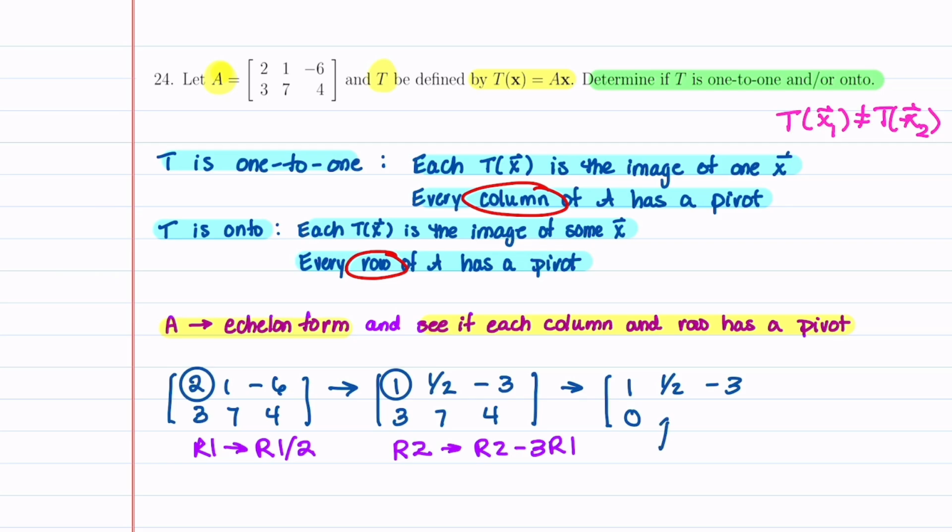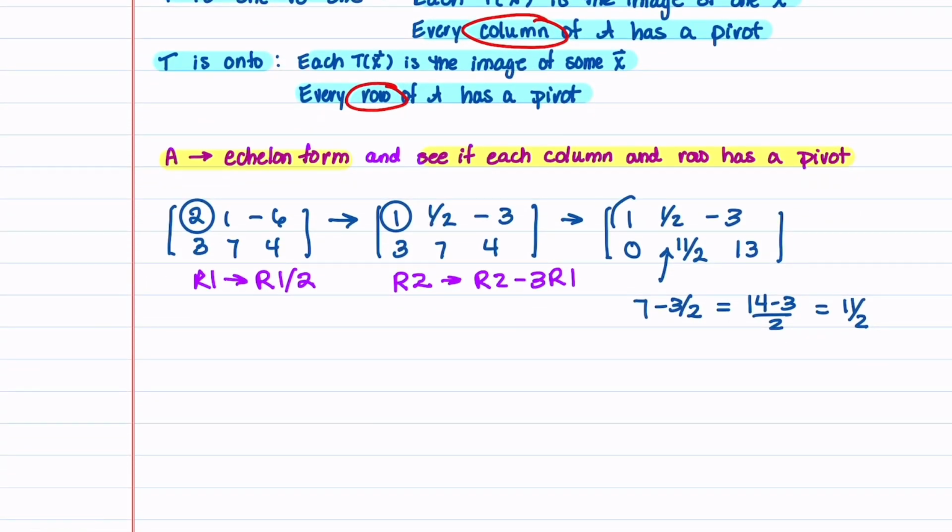In this entry, we're going to have a 7 minus 3 halves. So what is that? A 14 minus 3 over 2, which gives us 11 halves. So we'll squish in 11/2. And in this next entry, we're going to have a minus 9 plus 4, which gives us a 13.